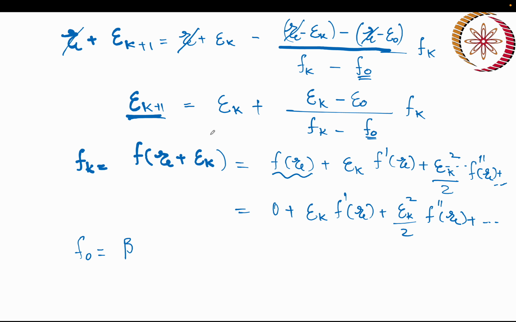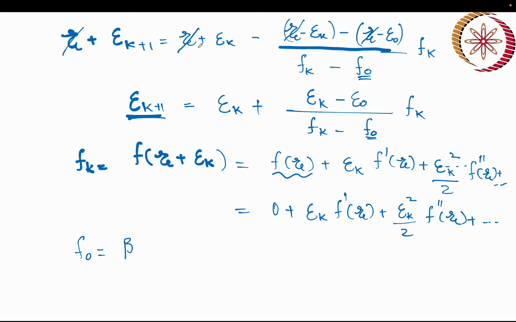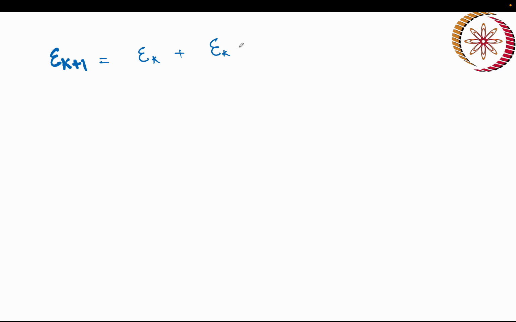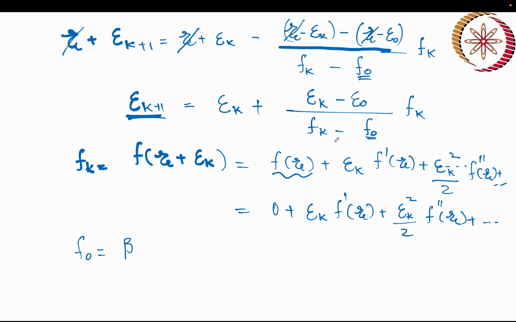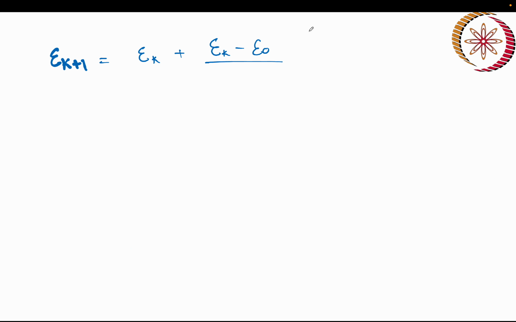So we will substitute these values. Epsilon k plus 1 is equal to epsilon k plus epsilon k minus epsilon naught divided by, okay, so we write this term instead of fk, which is epsilon k f dash of xi plus epsilon k square by 2 f double dash xi.